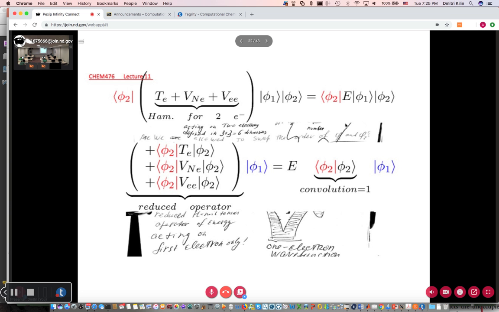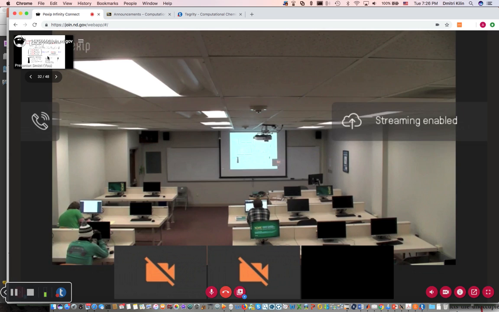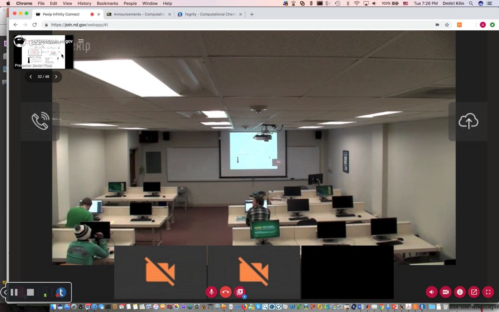Now let's look at the right side. So the E, unknown energy, is not an operator, it is energy, it is a number. So we can pull it out of the bra and ket convolution. And this phi 2 bra and phi 2 ket, due to orthogonality, will give 1. So we can cross out this term. And then this equation again gets the form of a Schrödinger equation for unknown function phi 1.